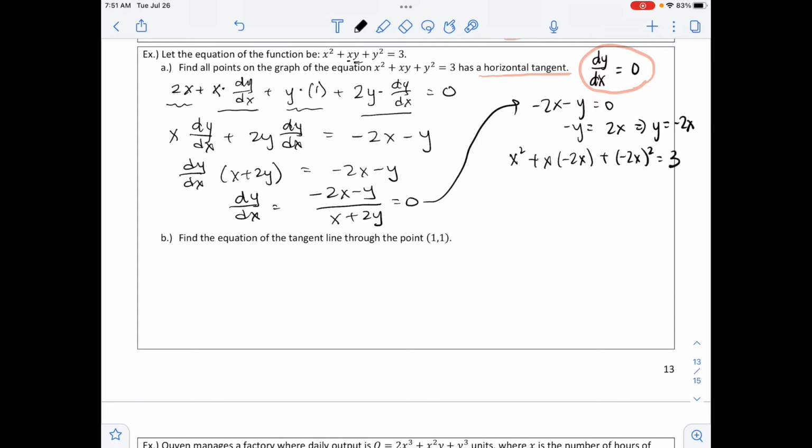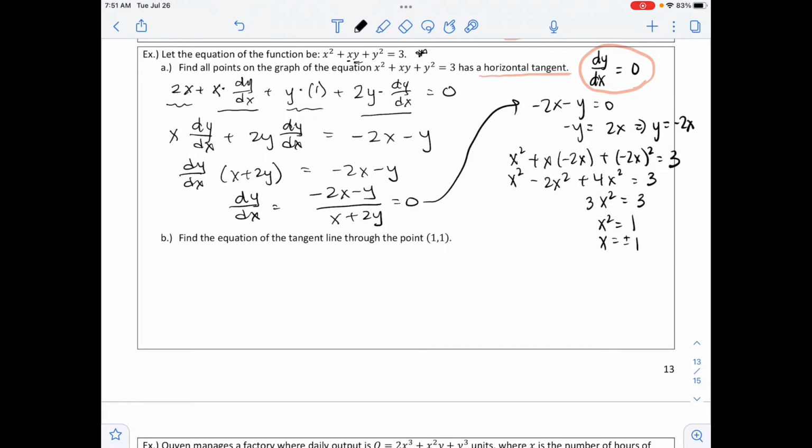And again, that's just substituting it into the original problem that we had. From here, I'm going to clean this up. We have x squared minus 2x squared plus 4x squared equals 3. Combining those terms on the left, we get 3x squared equals 3, or x squared equals 1, or x equals plus or minus 1.